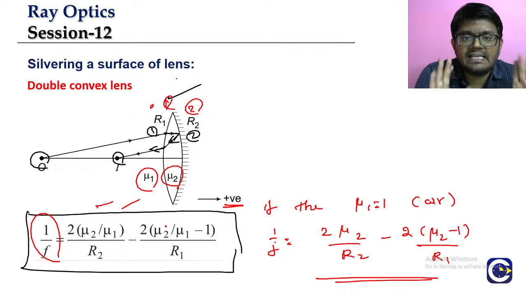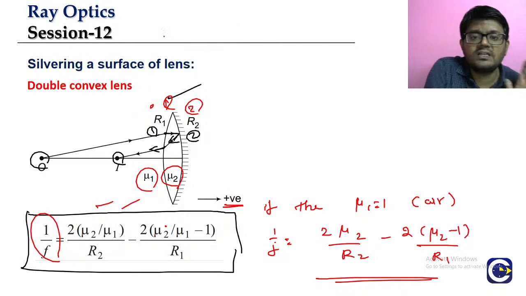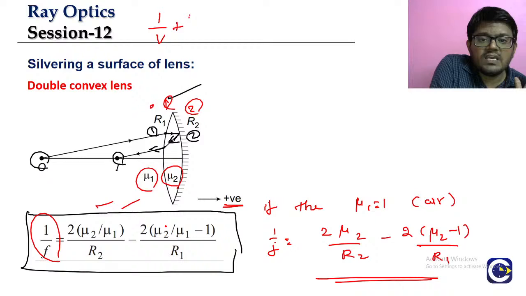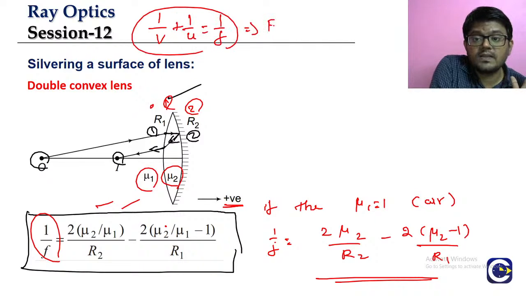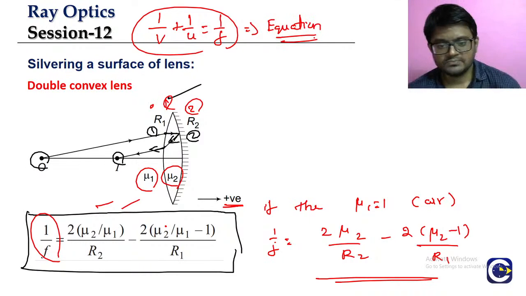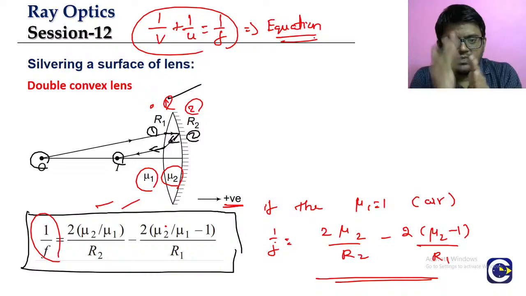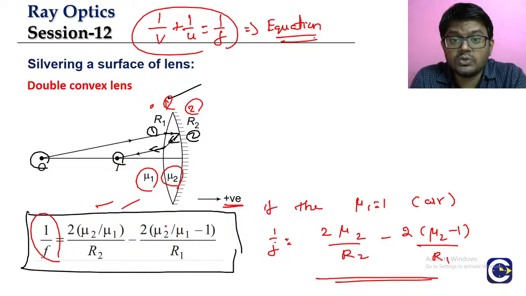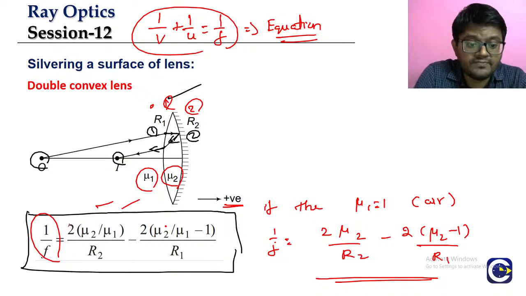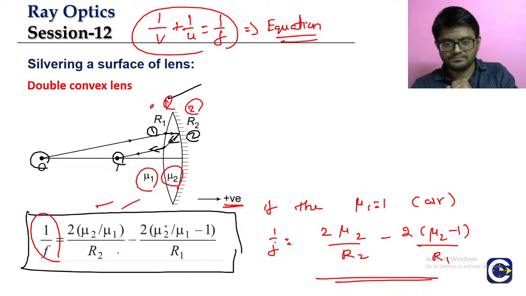Here we will not use the lens equation, we have to use the mirror equation. Means 1 by v plus 1 by u is equal to 1 by f, because this combination is now going to act as a mirror. The silvered lens is now going to act as a mirror, so we have to use the mirror equation. And this is the 1 by f.